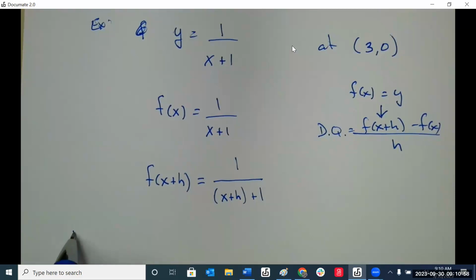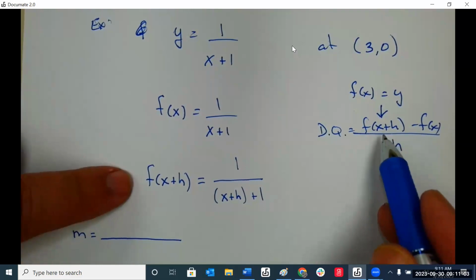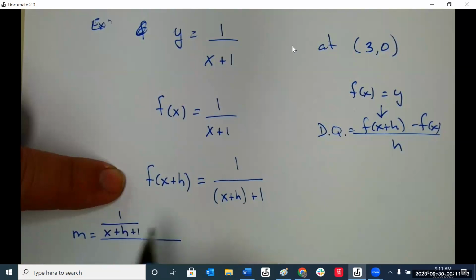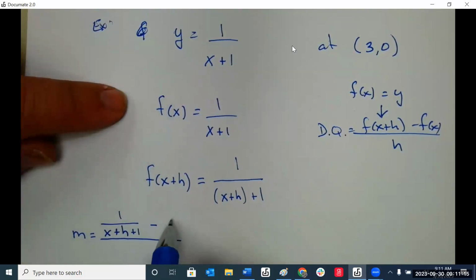Okay, so we have everything we need now for our difference quotient. So we have f of x plus h, which is 1 over x plus h plus 1, minus f of x, which is 1 over x plus 1.